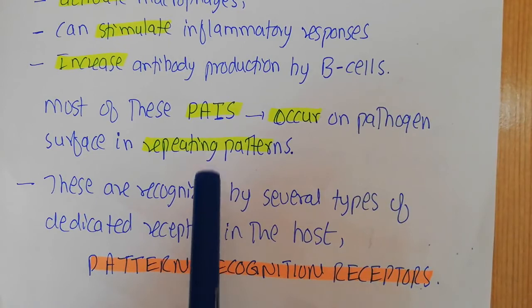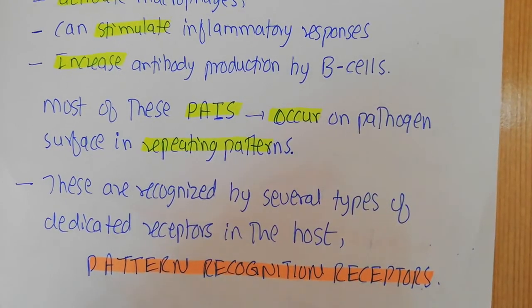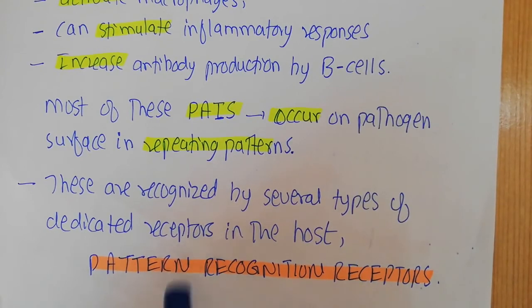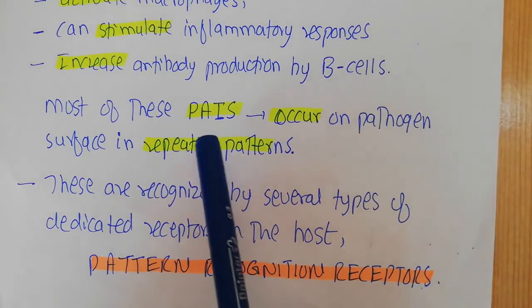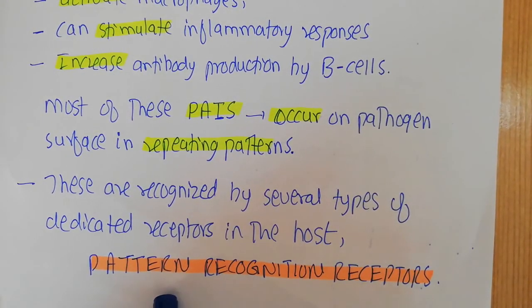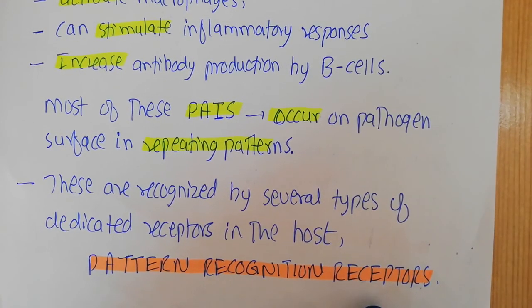These pathogen associated immunostimulants are recognized by several types of dedicated receptors in the host, and these dedicated receptors which recognize the pathogen associated immunostimulants are known as the pattern recognition receptors, and we will discuss the pattern recognition receptors in the next video.